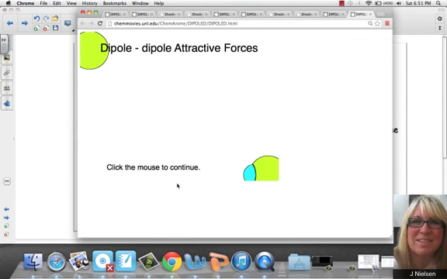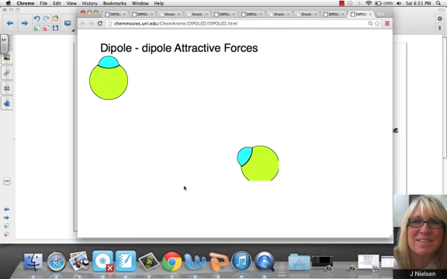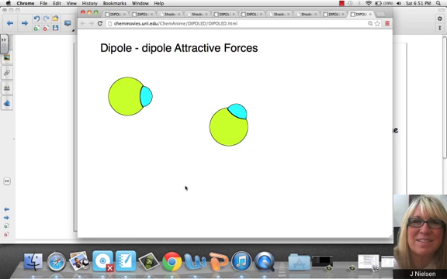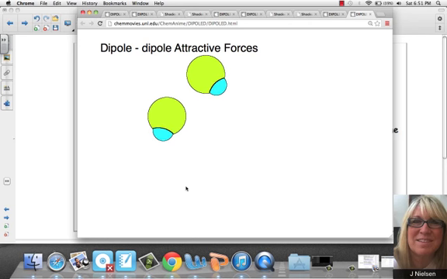Take a look at dipole-dipole attractive forces now. So here you have two polar molecules. They both have a dipole because one element has a higher electronegativity than the other element. So one side of the molecule becomes slightly negative while the other becomes slightly positive.